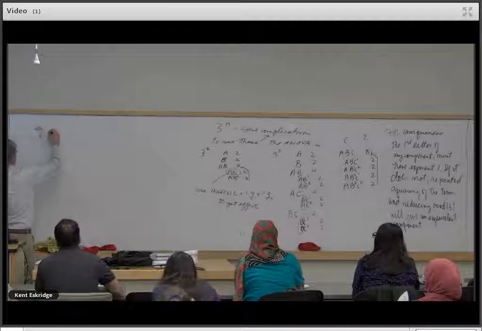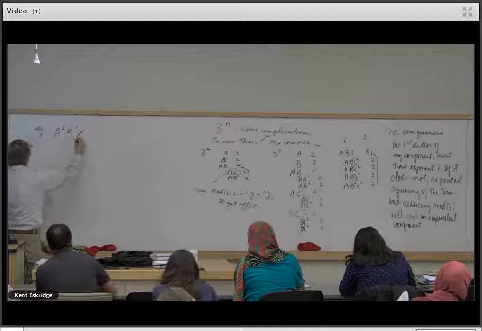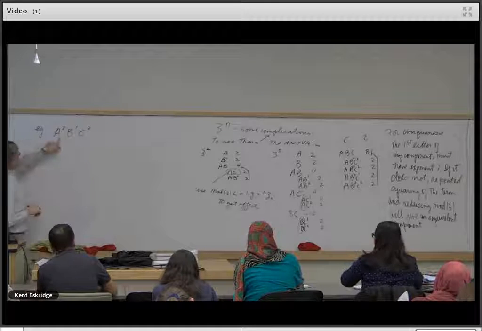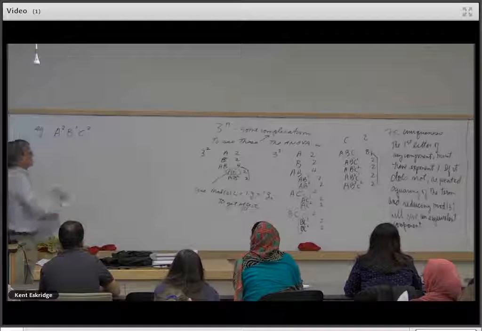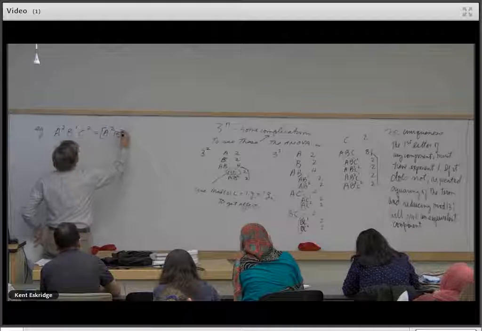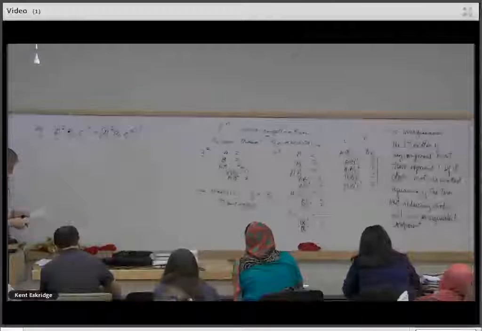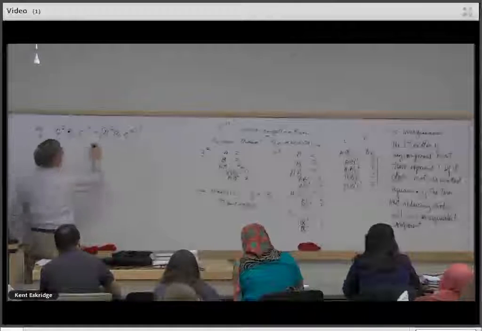I've got a term A squared B1 C2. The problem is, the leading component has an exponent that is not 1. So what do I do with that? I square the whole term. So A squared B1 C squared, and I square that. That's an equivalent component. What does that give me?